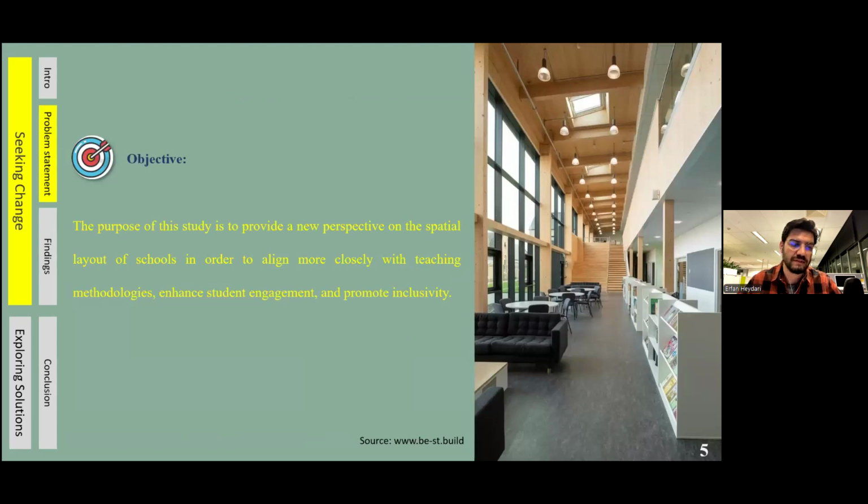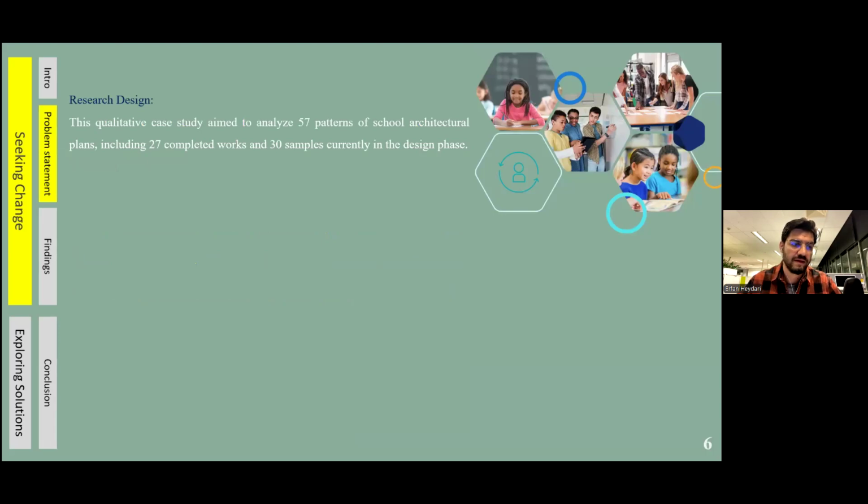The purpose of this study is to provide a new perspective on the spatial layout of schools in order to align more closely with teaching methods, enhance students' engagement, and promote inclusivity. This qualitative case study aimed to analyze 57 high school architectural plans of Iran.